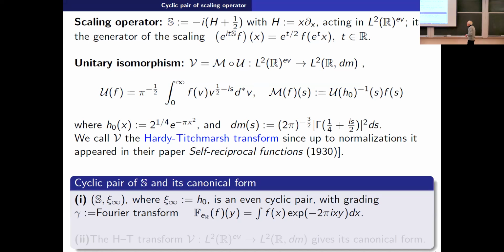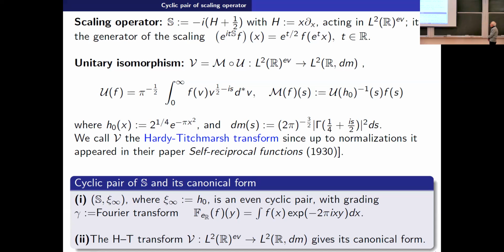Infinity doesn't signify something far away. It just signifies that we are at the Archimedean place. On the real line, we didn't go into the Pleiades. So it's H0, and this is a cyclic pair. It's an even one, and the grading, which is unique, is the Fourier transform, the usual one.